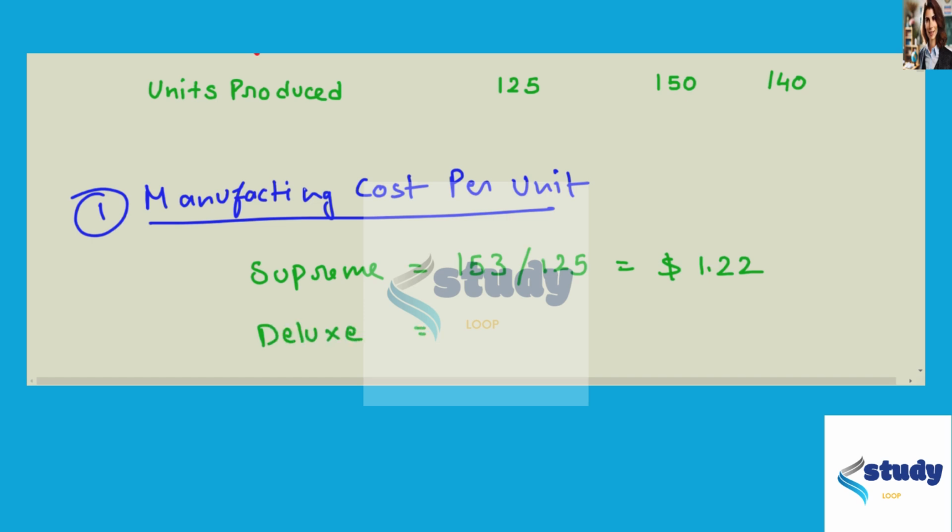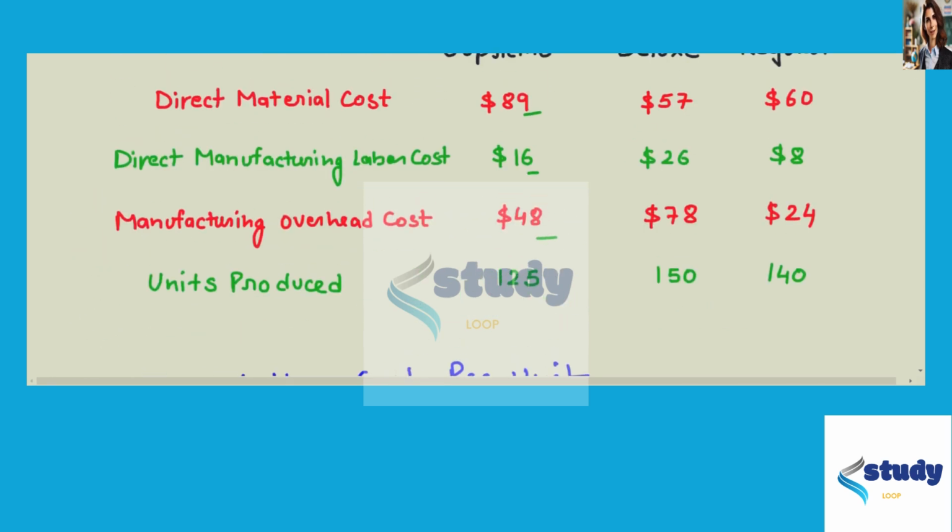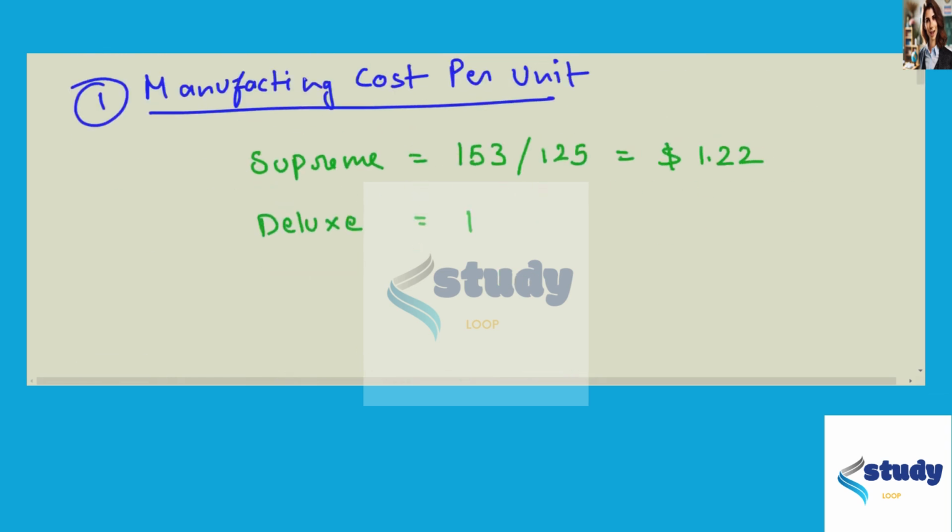Now for Deluxe, we'll take manufacturing cost, that is $57, $26, and $78, which totals up to $161, divided by units produced, that is $150, which on solving gives $1.07.